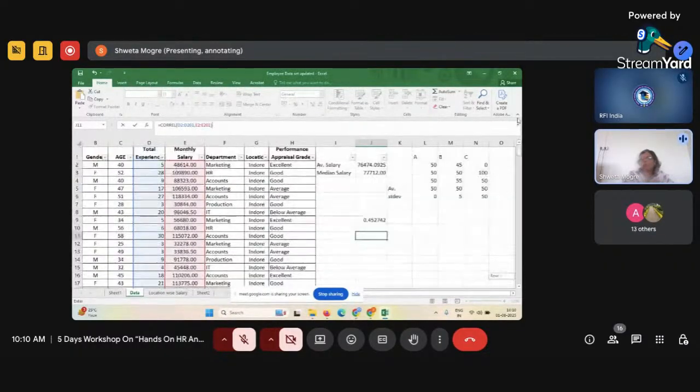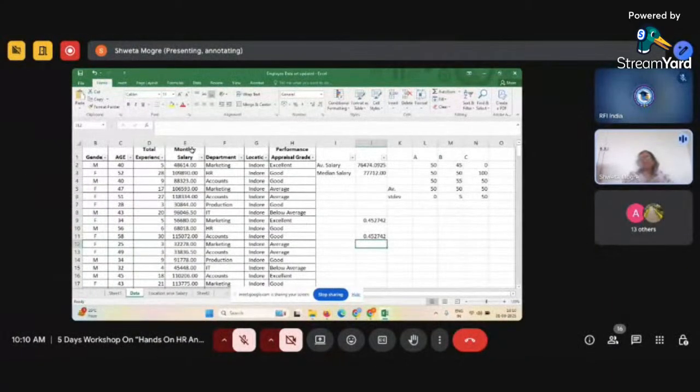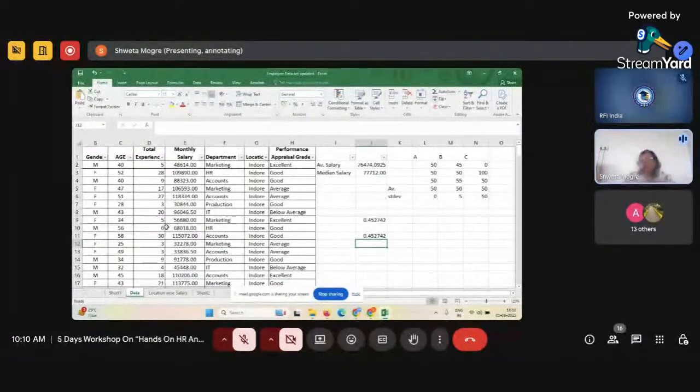It gives you the value of correlation between total experience and monthly salary. This is the very first way to calculate correlation. Is it clear?